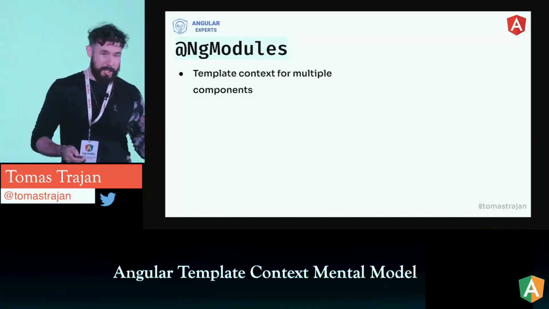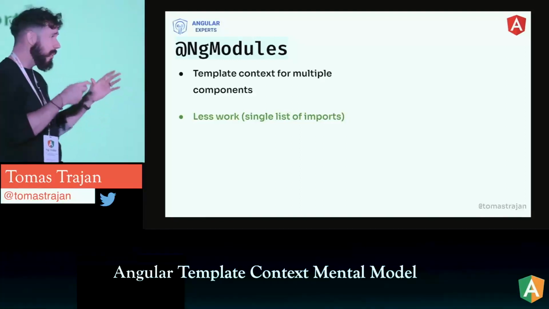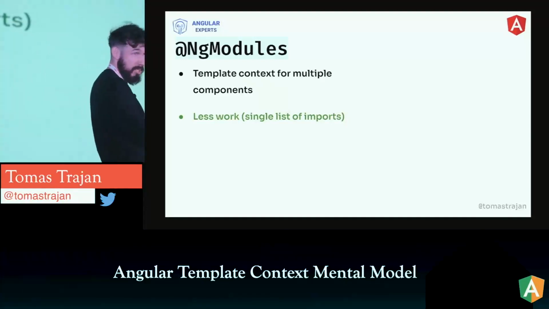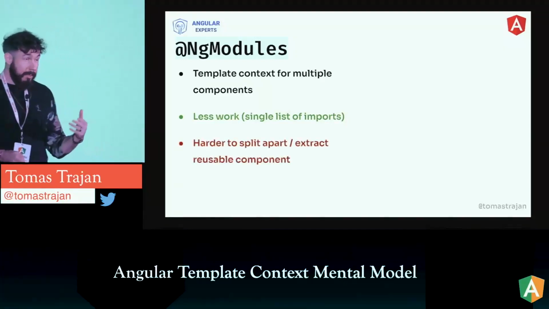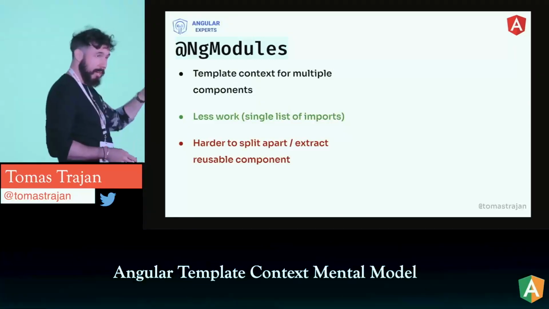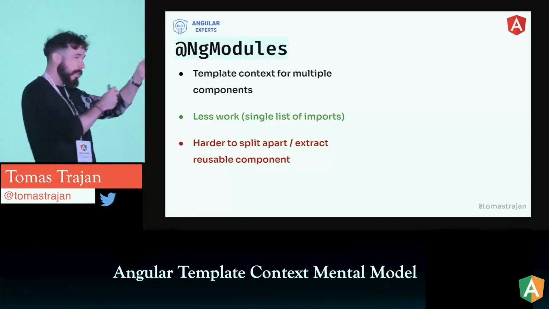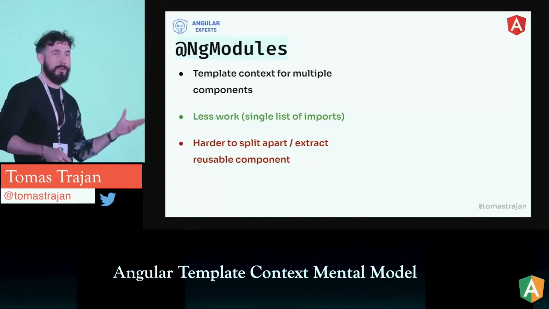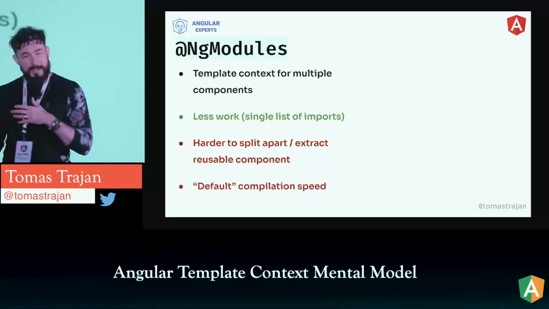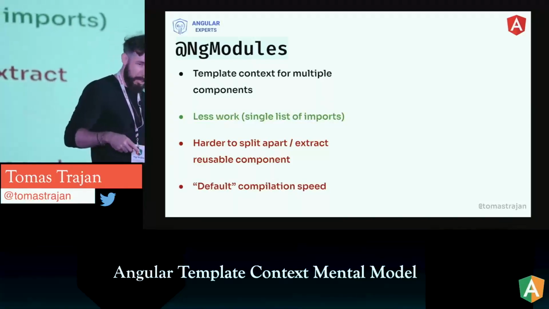That would be the ngModule way. So you could say it's less work because it's only management of a single list of imports for that whole feature in that specific example. But that also means it will be much harder to extract one of those 12 components and make it reusable, because we would have to untangle that context later to realize what is only being used in that component. And this approach provides the default current compilation speed.